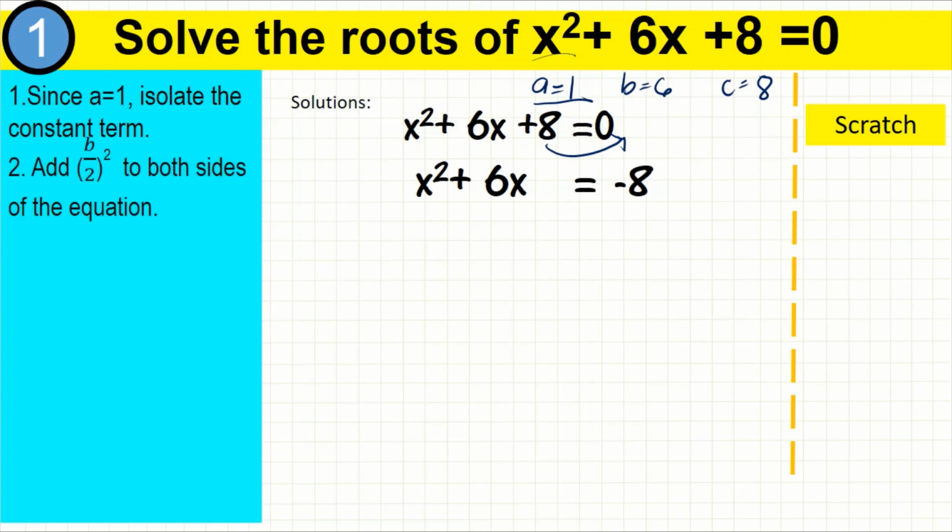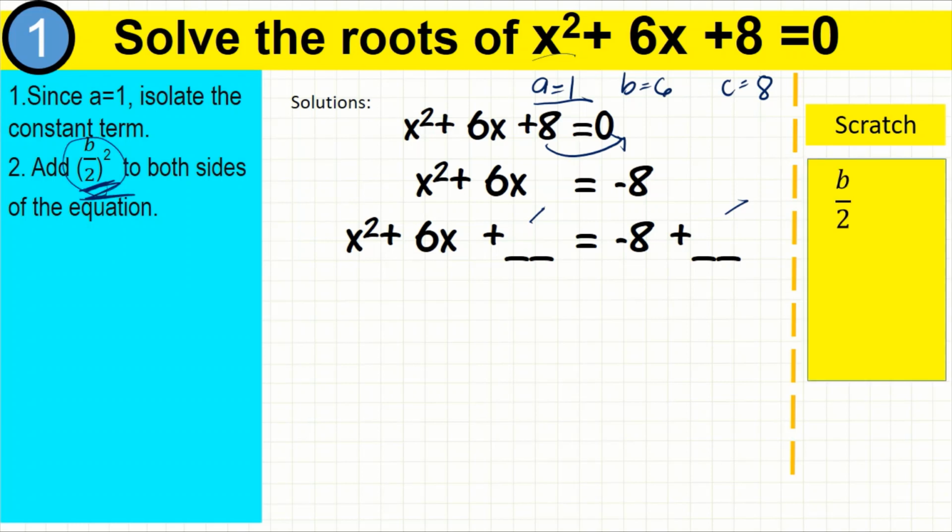Next step, we have to add b over 2 squared to the both sides of the equations. So, in our solution, we have x squared plus 6x, then plus blank is equal to negative 8 plus blank. Yung blank dito, isosolve natin mula sa b over 2 squared. So, we have b over 2.